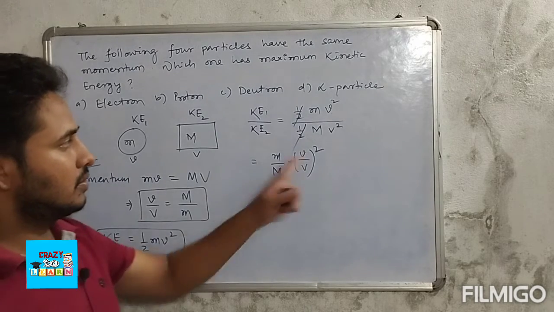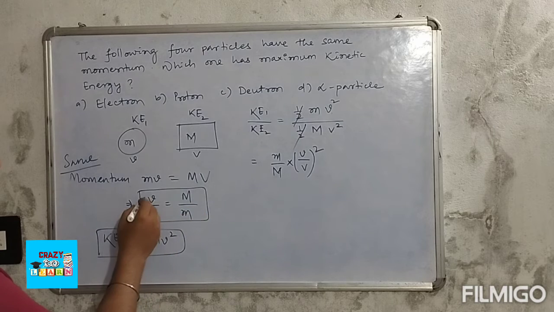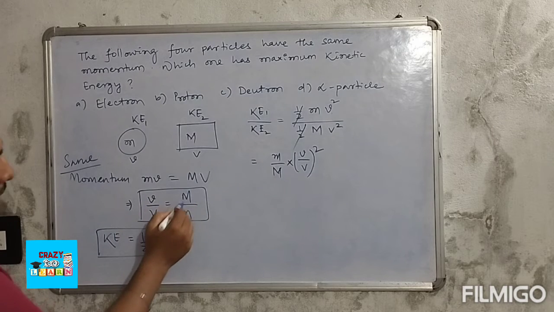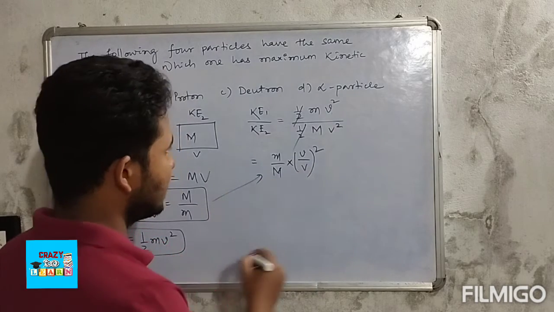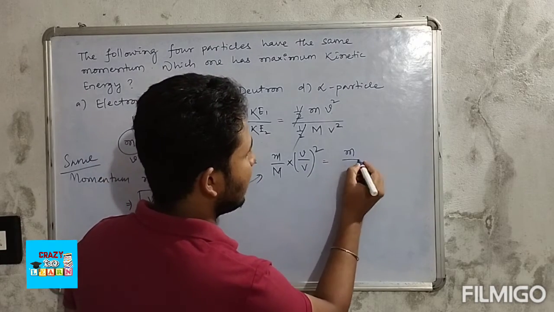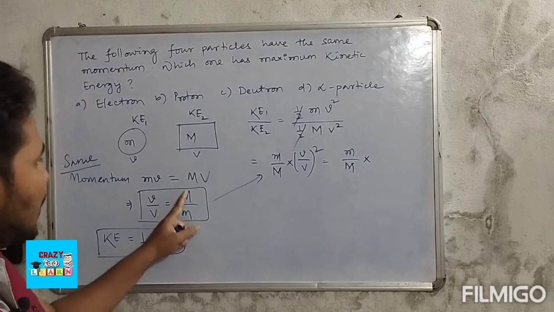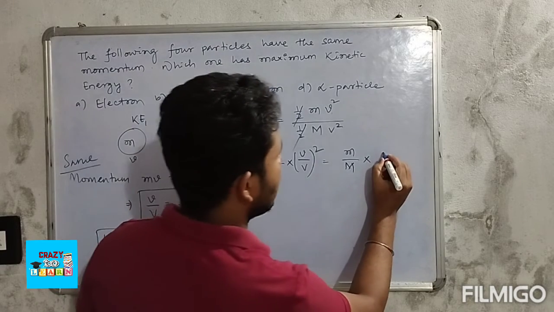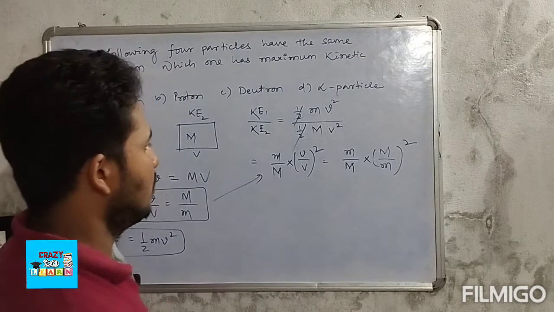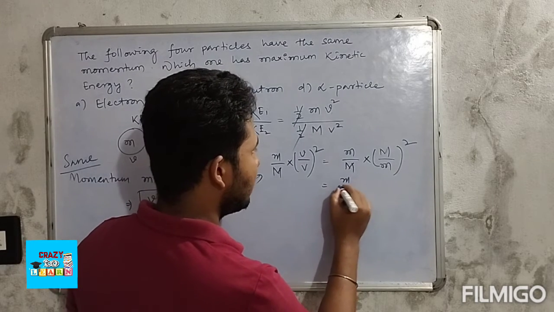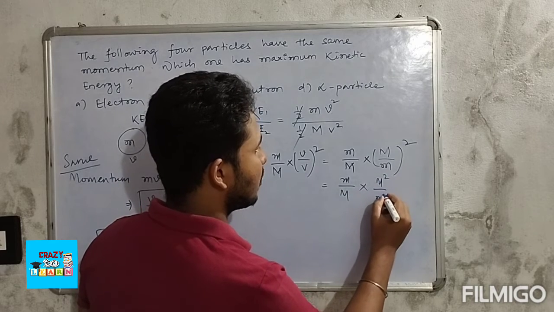Yes or no? Okay. Before, we already calculated that small v by capital V is equal to capital M by small m. So just put this relation here. We will get small m divided by capital M into capital M by small m whole square, which is equal to small m divided by capital M into capital M square by small m square.